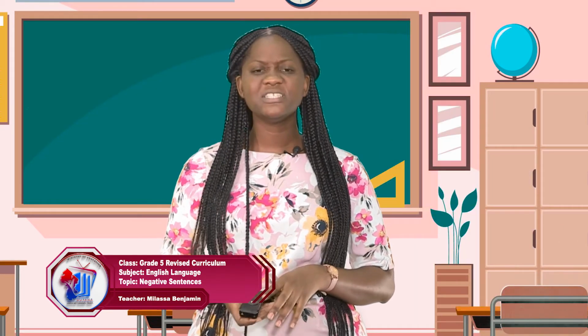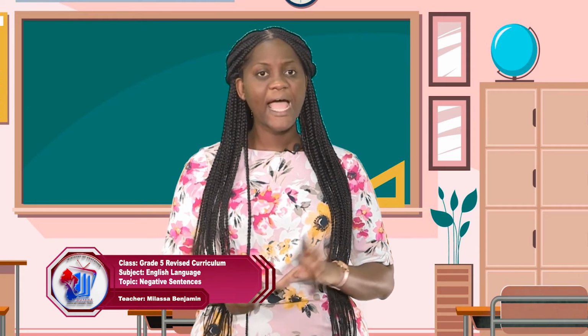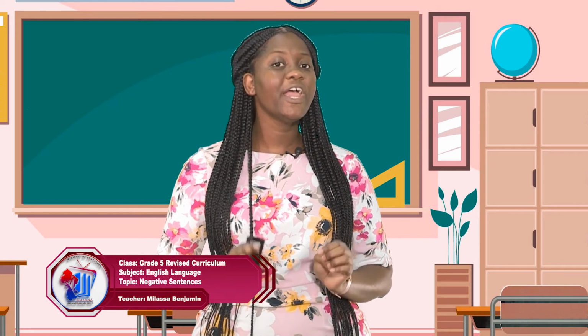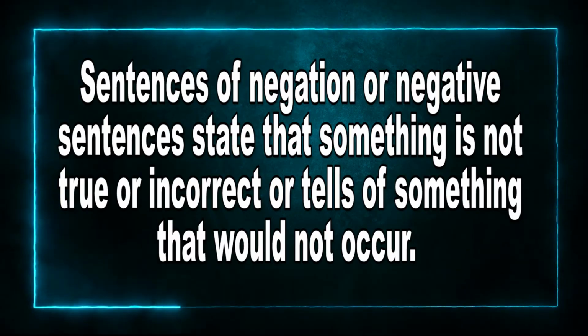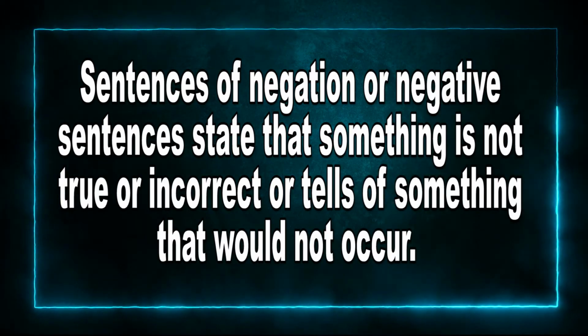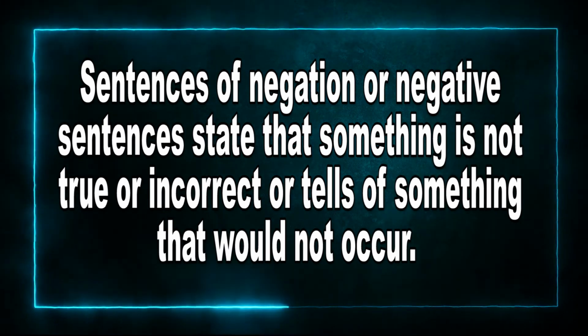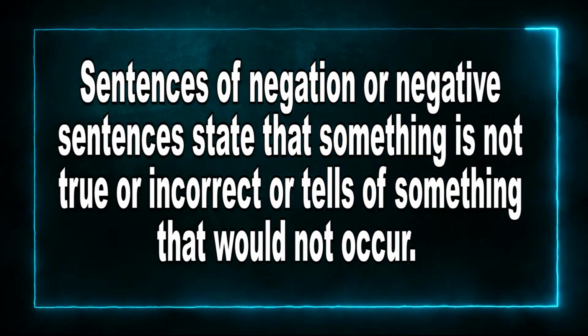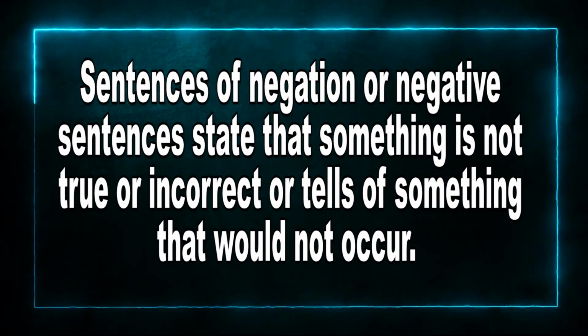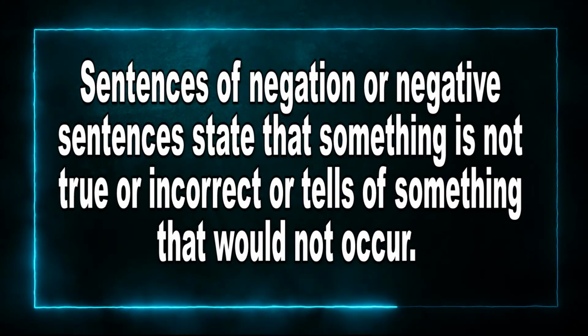You have been doing such a fine job. And I'm sure you now have a clearer understanding of how negative sentences work. But before we go, let's recap. Sentences of negation or negative sentences state that something is not true or incorrect, or tells of something that would not occur.